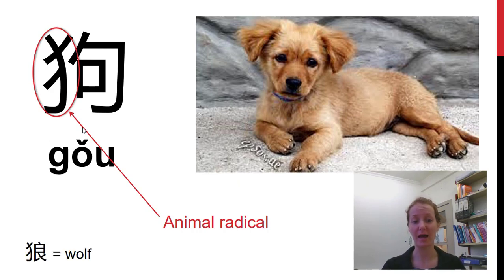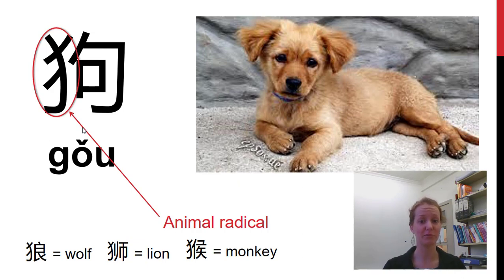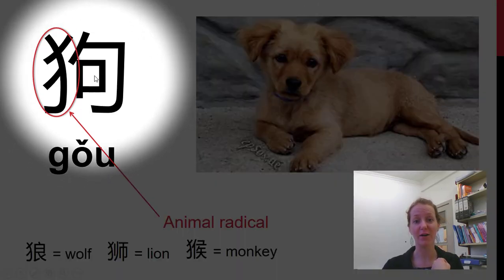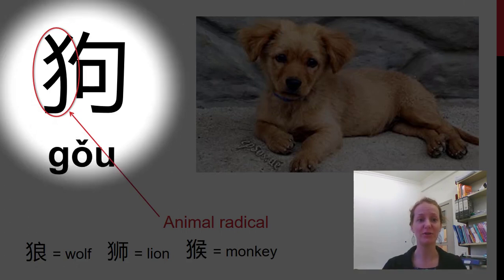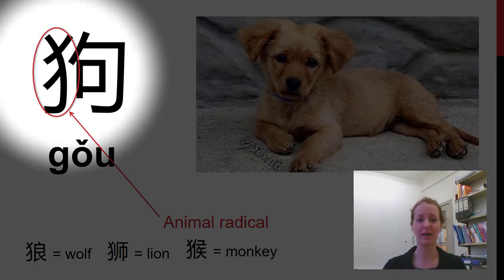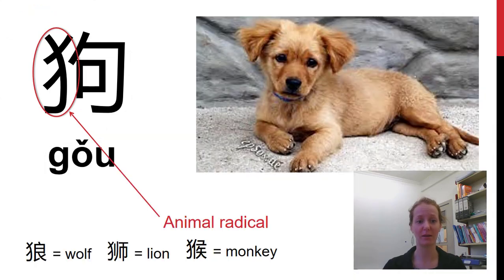For example, 狼, 猴, and we also have a couple more that will be used in this presentation that have the animal radical in them. I remember this 狗 because it has a 口 in it, and often your dog might run up to you and then lick you all over with its tongue. So it's using its mouth. It also sounds like 狗, so that's where the sound comes from too.